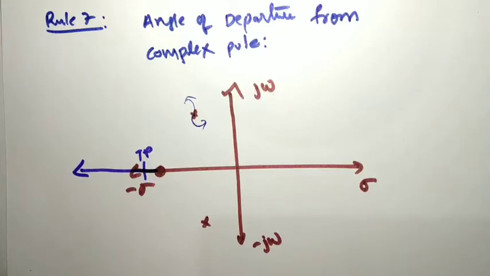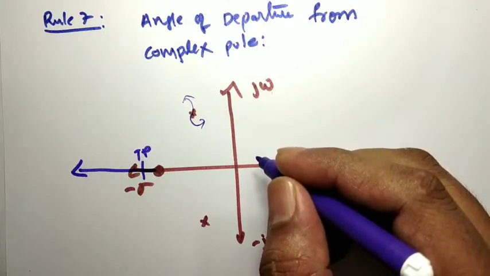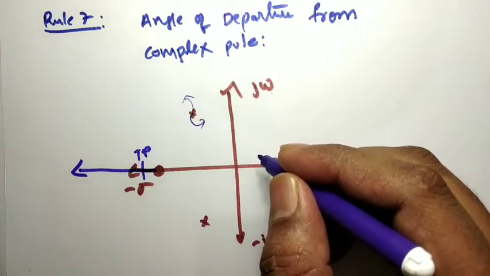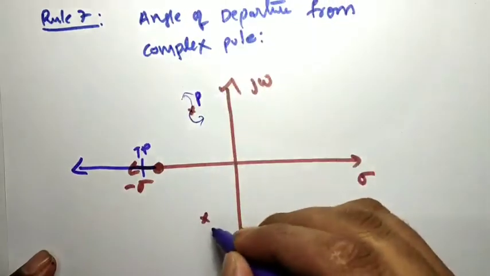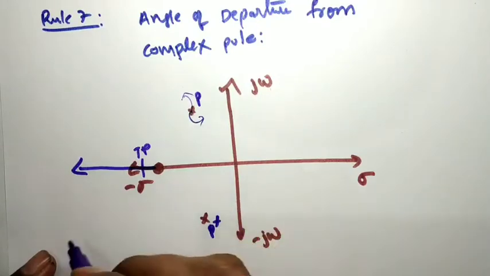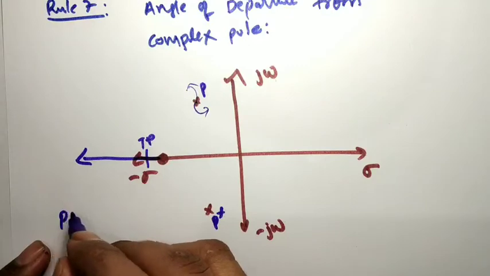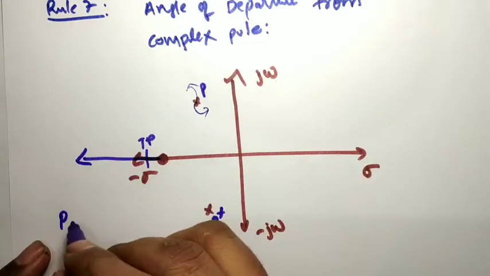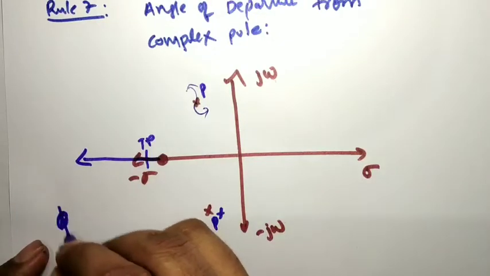How do we find the angle of departure? We use the formula. Here P is the complex pole, with its conjugate P star. We represent the angle of departure at P as phi p.